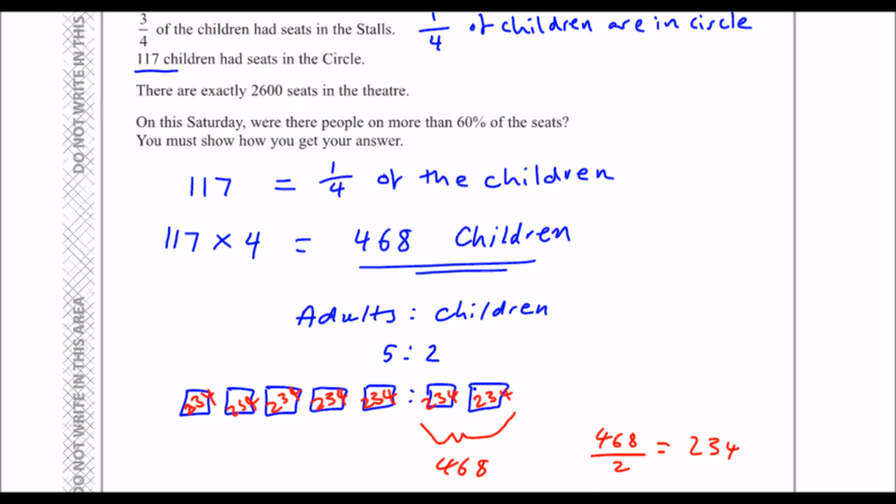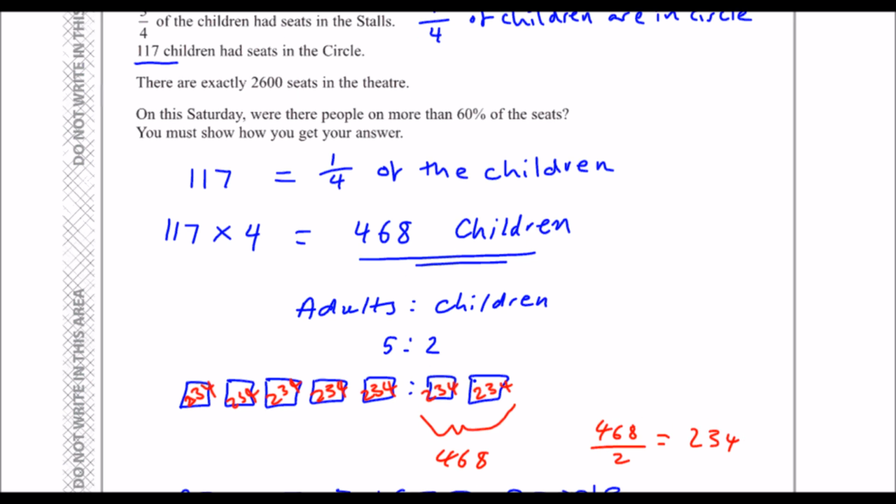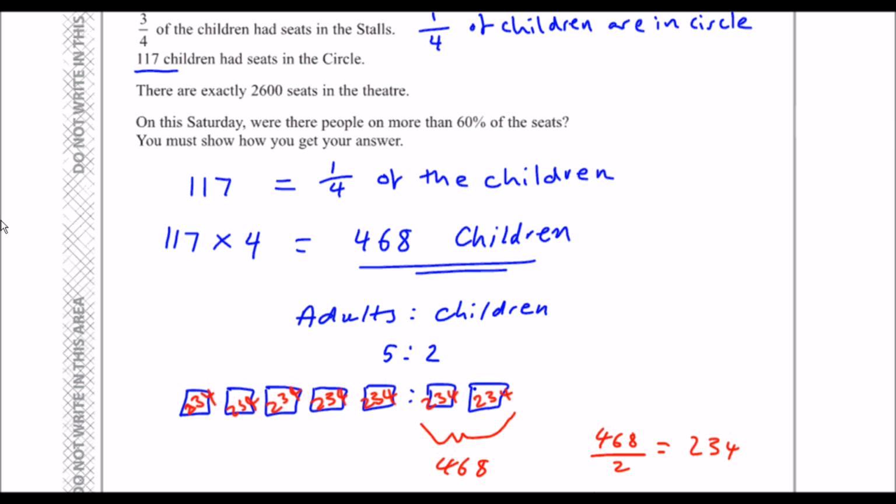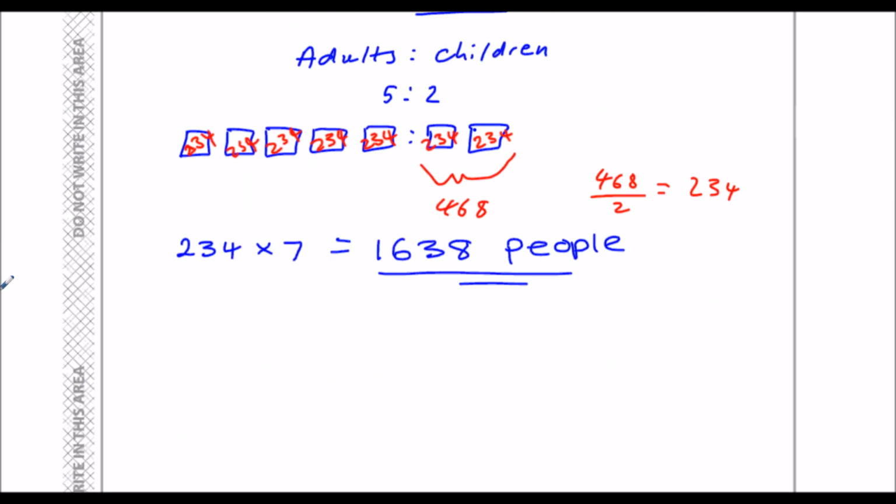And is it more than 60% of the seats? There are 2,600 seats, so we're going to work out what percentage is full. We have 1,638 seats taken out of 2,600 in total.